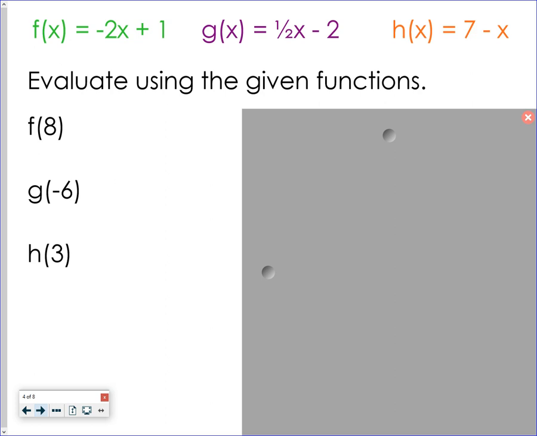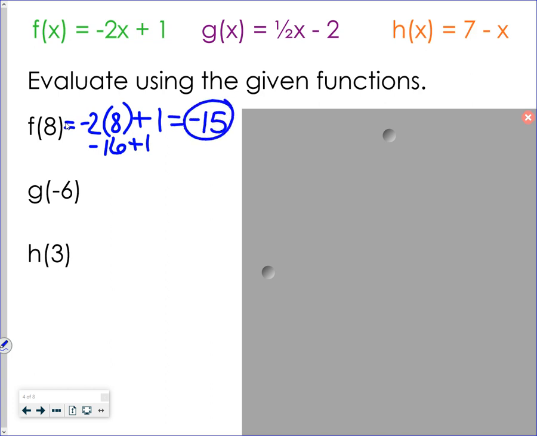So my f function is f of 8. So I would want to put in -2 times 8 and then add 1. So -2 times 8 is -16, plus 1 would give me -15 for my answer.